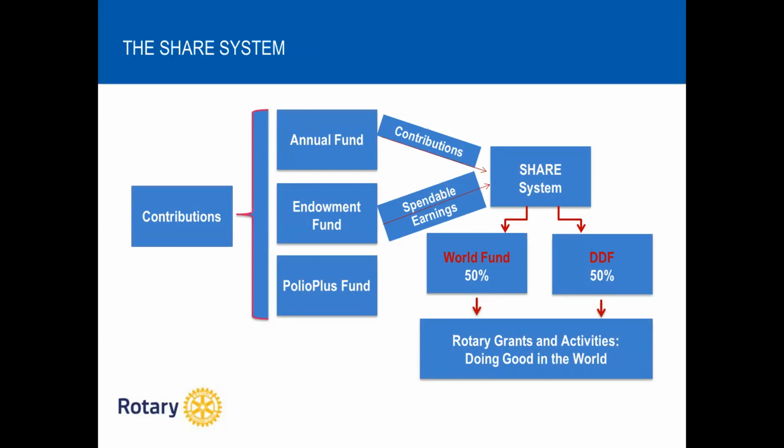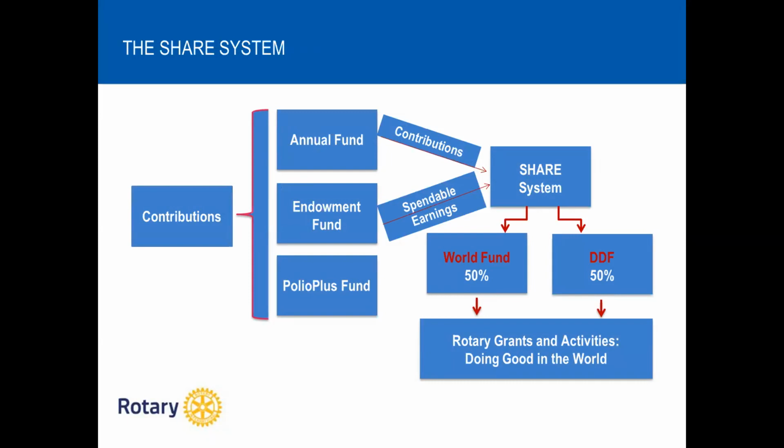Only when donors designate annual fund share for their gifts do they enter the share system. Donors designating their gifts for endowment fund share have their spendable earnings enter the share system. Gifts to the Polio Plus Fund are rightly used 100% for the eradication of polio.